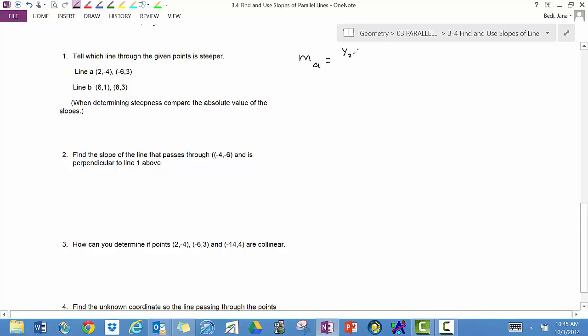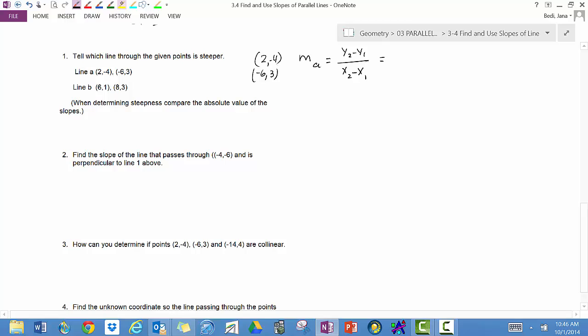Remember, it's y2 minus y1 over x2 minus x1, and basically that's the change in y. What I like to do is write my points in a vertical fashion. I just find that easier.